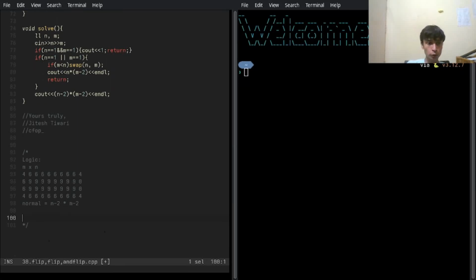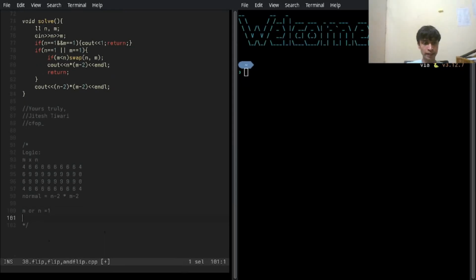But there are two special cases. Suppose m or n is equal to 1. So I handle them as one case. When m is smaller than n, then we will switch them. Without loss of generality, we can assume n is smaller than m, and n equals to 1.